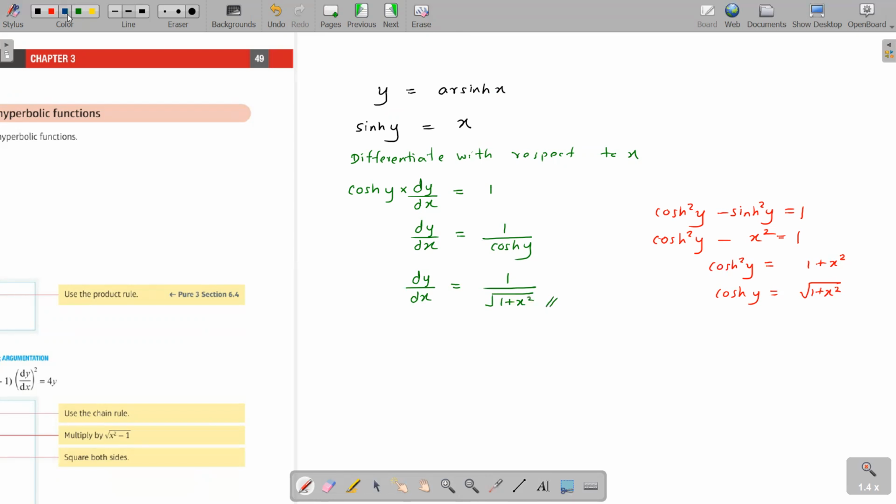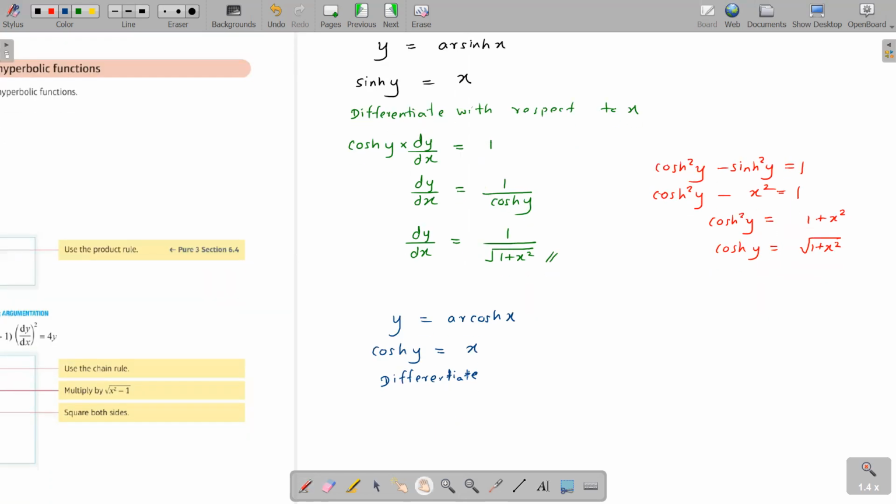Similarly, shall we start the proof of y equals arcosh x? So that's right. The first thing we do is we write cosh y equals x. And then let's differentiate with respect to x. When we differentiate with respect to x, what do we get?